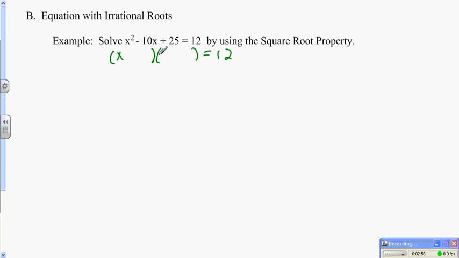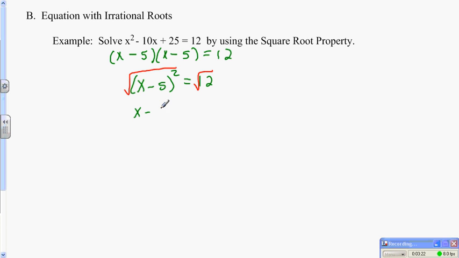And we have x, minus, minus, minus plus is a minus, minus, 5 and 5. Again, we have the same thing written twice as a product, so you can write it as x minus 5 quantity squared, which allows us to use the square root property.